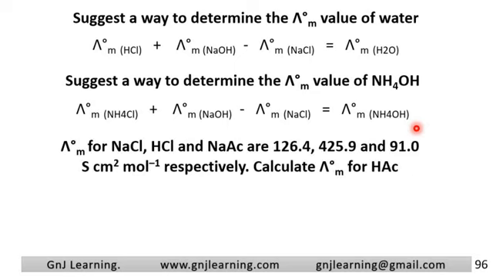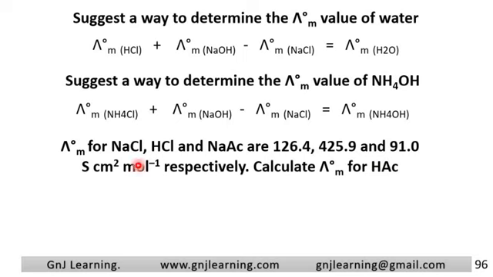A little wider problem: lambda m0 of NaCl, HCl and sodium acetate. Ac means acetate. Lambda m0 of these strong electrolytes are given here. Calculate lambda m0 of acetic acid. I have to calculate lambda m0 of acetic acid from the lambda m0 of the strong electrolytes. The strong electrolyte corresponding to the acetate ion is sodium acetate, plus one strong acid, HCl.